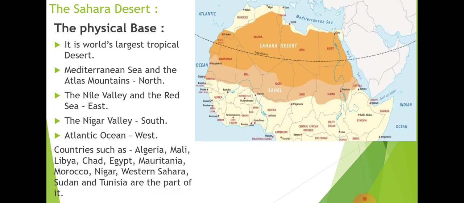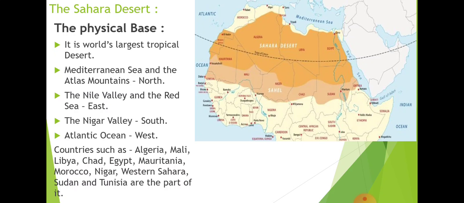Africa is the only continent which comes under the whole tropical zone, or the torrid zone, between the Tropic of Cancer and the Tropic of Capricorn. Almost it covers both of the tropics.